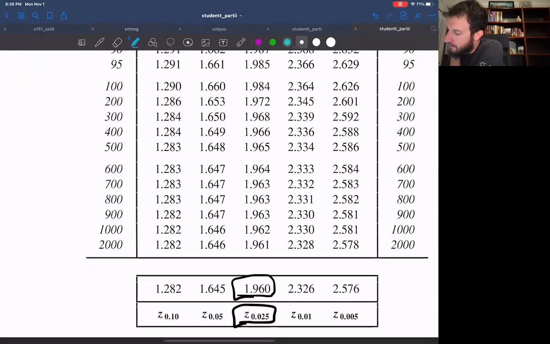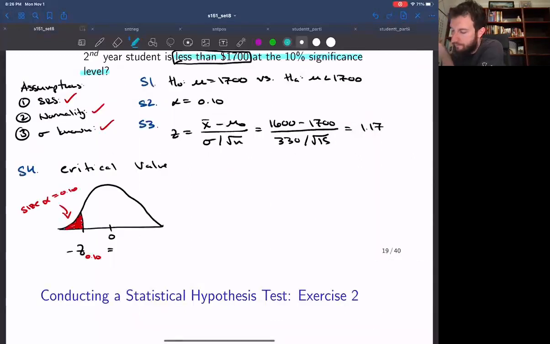If we go to the student T table, page 2, you can see that we have Z 0.1 here, 1.282. So we can use negative 1.28 or negative 1.282. It doesn't matter, it's going to give the same result. Okay, so we'll use negative 1.28.